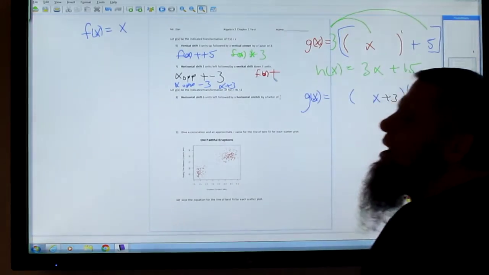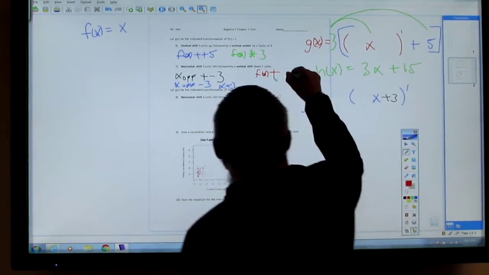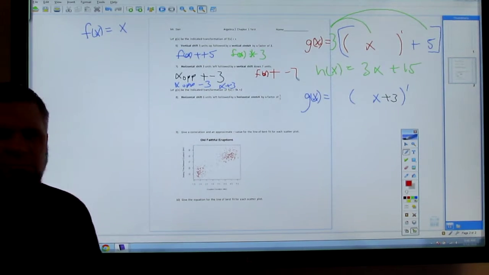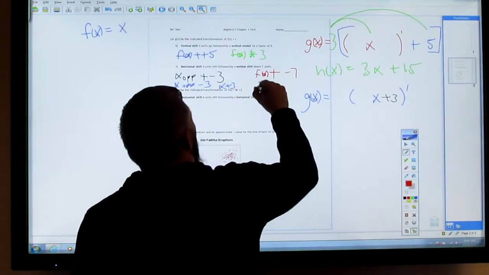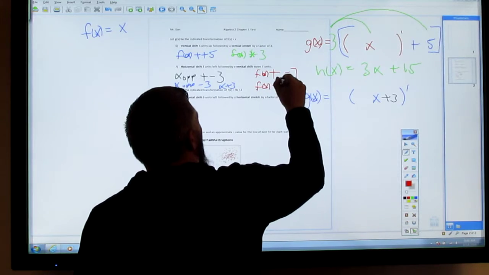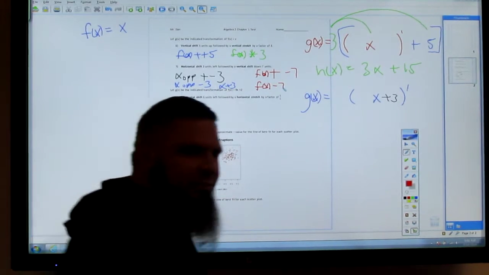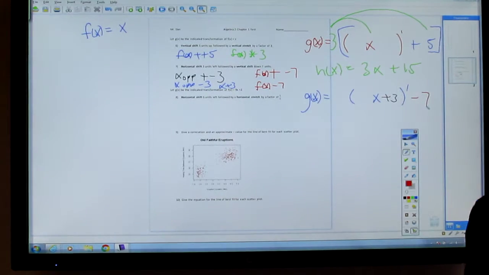Down. Minus 7. Okay? What's plus minus? Minus. So it's basically f of x minus 7. So it's the whole function minus 7. Okay? It's that whole function minus 7.